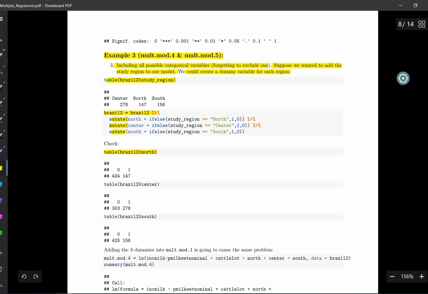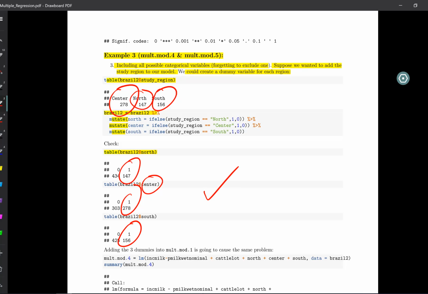And I checked that I created those correctly by doing table Brazil 2 $ study region, and I noticed that I have the same number for north as the ones in my dummy variable. We can do the same for center and for south, and I can check that I created the dummy variables correctly.